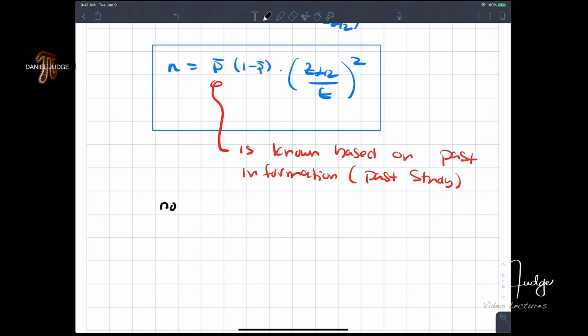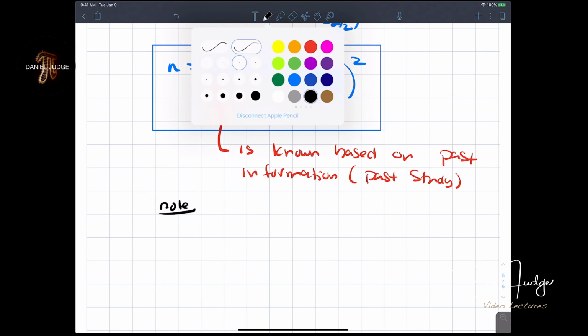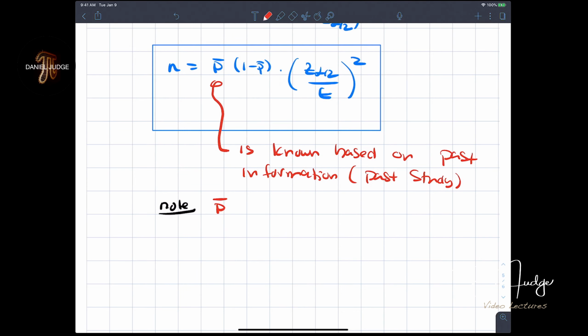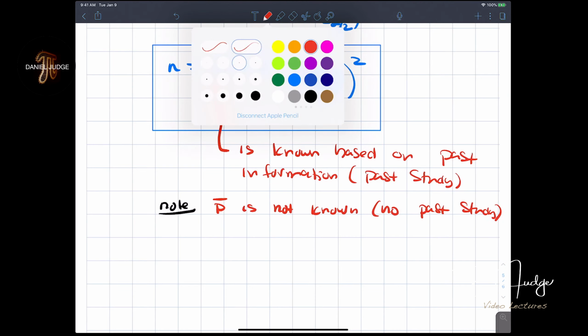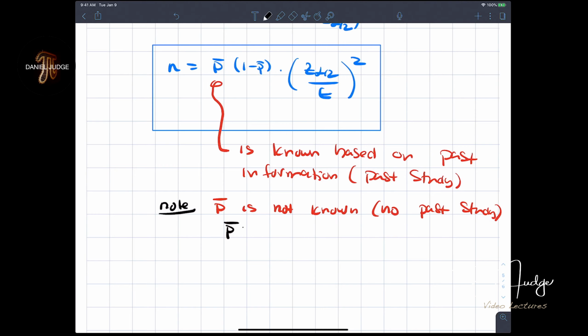Let's note, if this thing is not known, you don't have a past study. There's no past study. Here's what you guys do. You use this to be 0.5. And so you will see a different version there. This is why there's 2.